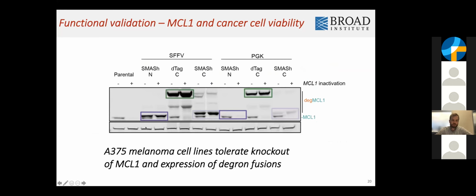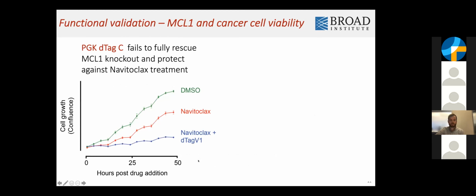So here I'm showing just a confirmation that we were able to knock out endogenous MCL1 and re-express, or overexpress I should say, either PGK or SFFV strong promoter constructs for MCL1. So these were the tags that worked the most potently for degradation, and these are expressed in the A375 melanoma cell line. So I'll take you through the results for our DTAG constructs first.